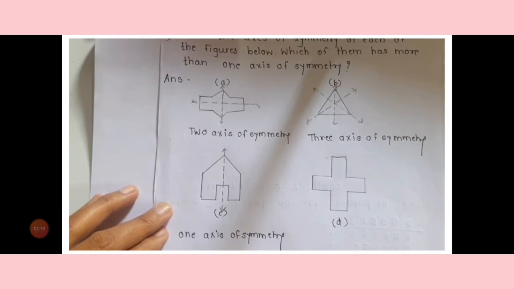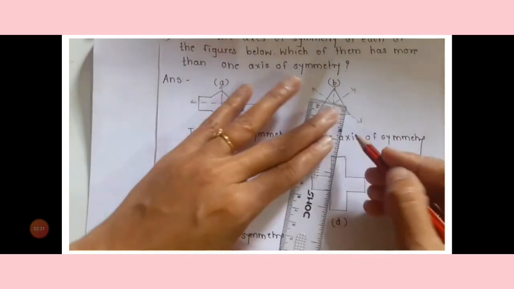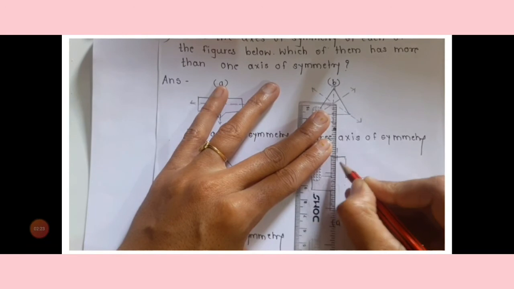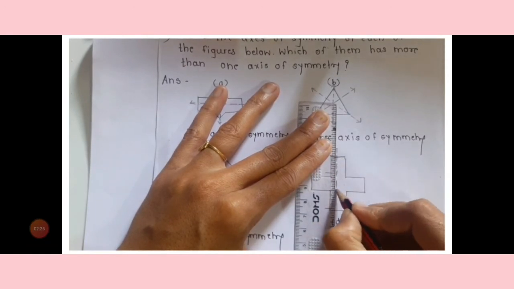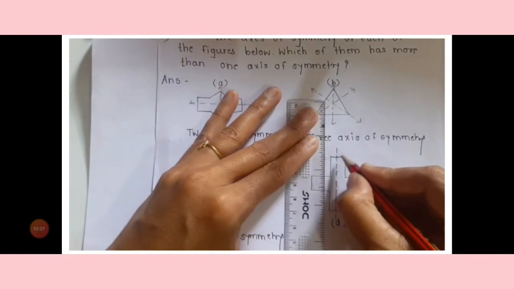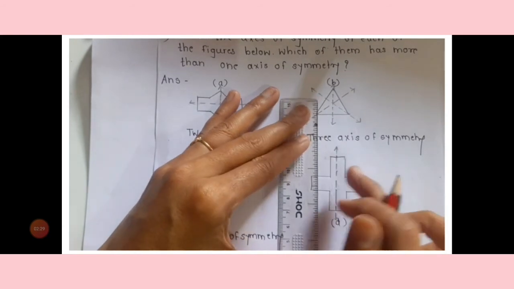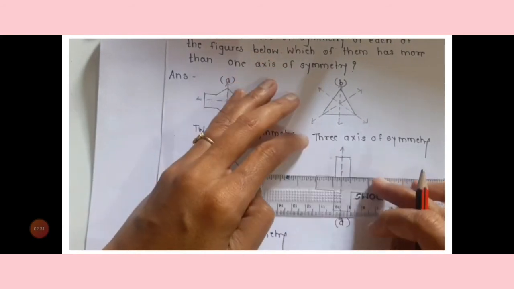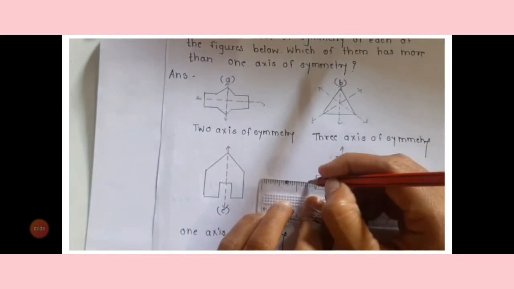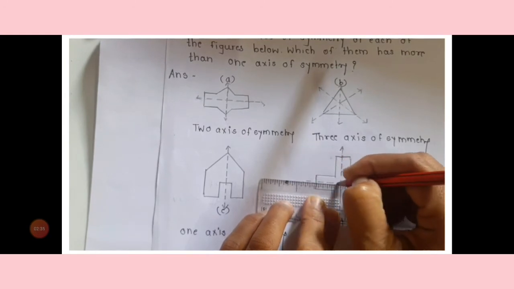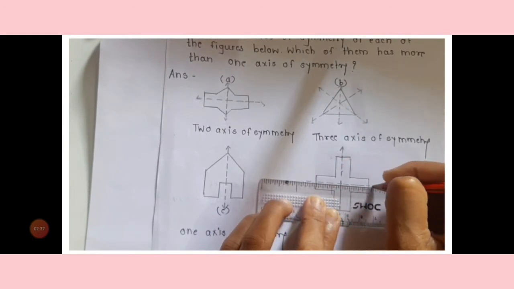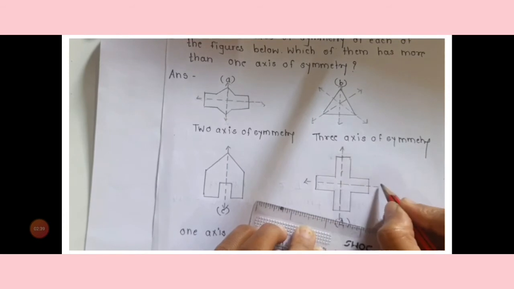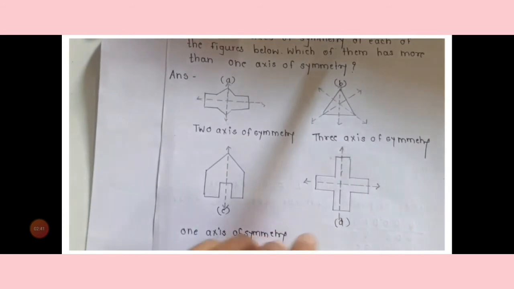Now moving on to the fourth figure. We can divide this figure horizontally and vertically also. If we divide vertically, they are exactly similar to each other, and if we divide horizontally, they are exactly similar to each other.